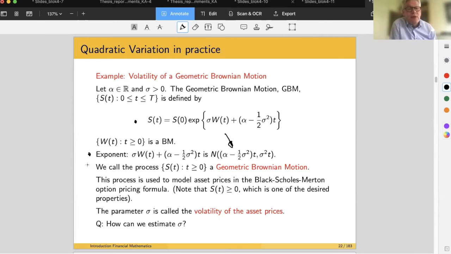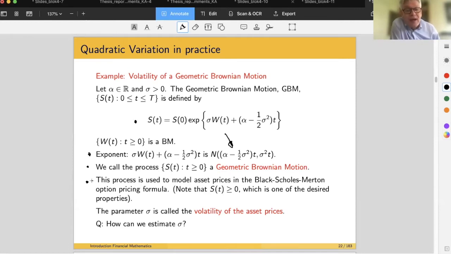And again, this process S_T, T greater or equal to 0, is called a geometric Brownian motion. Its value lies in the fact that this forms the basis for the Black-Scholes-Merton option pricing formula.